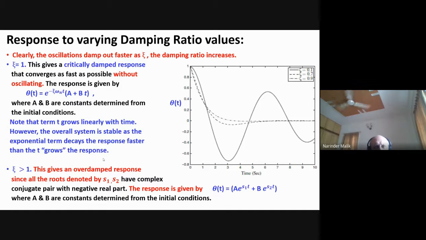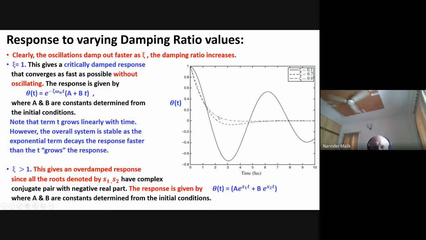Here is an example for different values of the damping factor: 0.1, 0.7, and 0.9. This is the response for a damping factor of 0.1, this is for 0.7, and this is for 0.9.